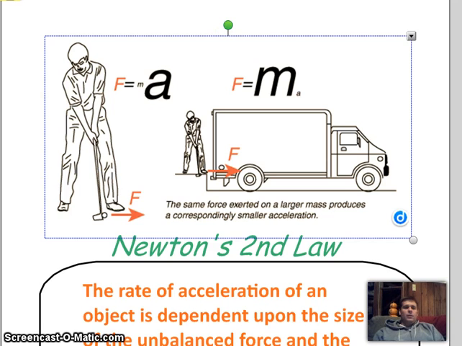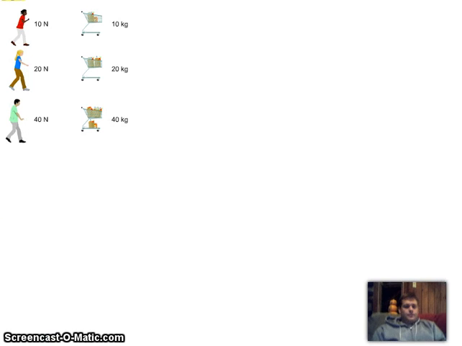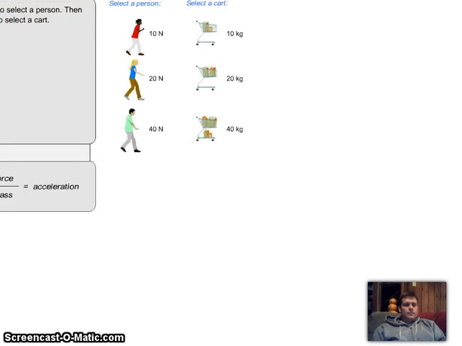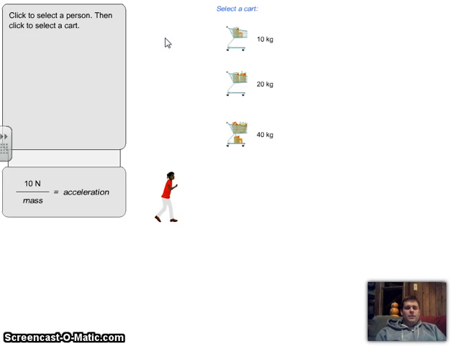We can put this another way. I'd like to show you this simulation, which is linked on our web page. It says click to select a person, then to select a car. If I pick this person who is going to push with a force of 10 newtons, notice that the force gets added to my equation.